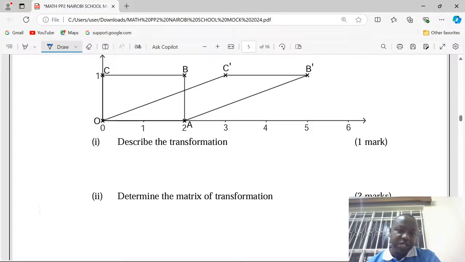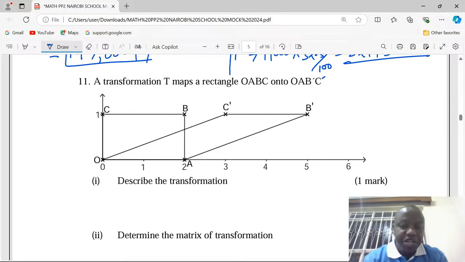When you look at the transformation, we can see the original rectangle and the final rectangle. Because from the x-axis the height is not changing, it means the rectangle has not been stretched. It has just undergone shear.